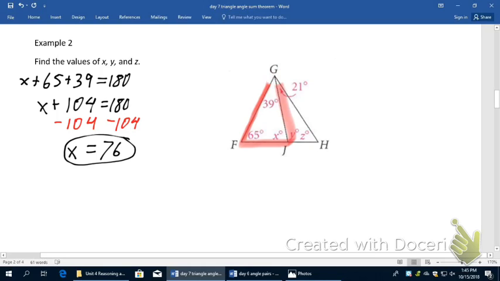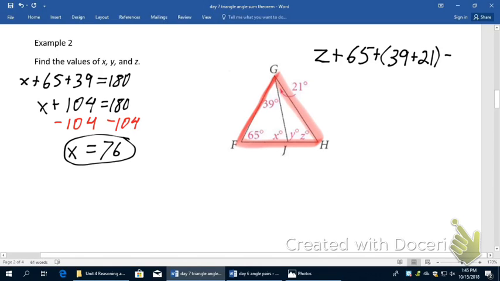Now I'm going to move on and find z really quick. Like I said, different ways you could do it, so don't think that I'm doing the only way. For z, I'm not going to reference this smaller triangle right now because I have two unknowns in it. What I'm going to do is reference the whole triangle, FHG. So I'm going to set it up where z is one of those three angles, plus another angle for the large triangle is 65, plus, now this top angle is the 39 and 21 together, so I have to write it as 39 plus 21, equals 180 degrees for the larger triangle.